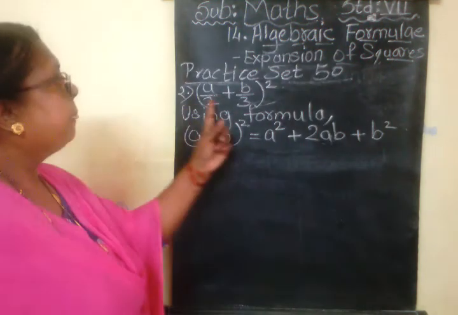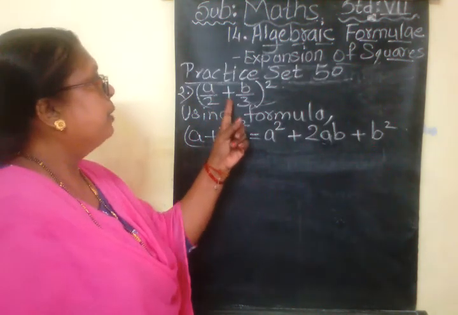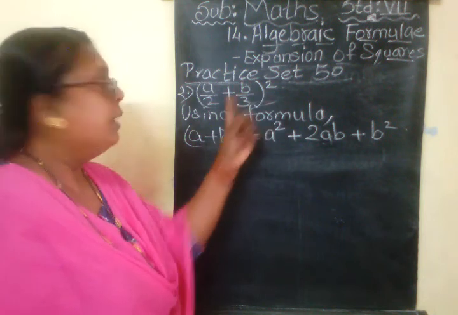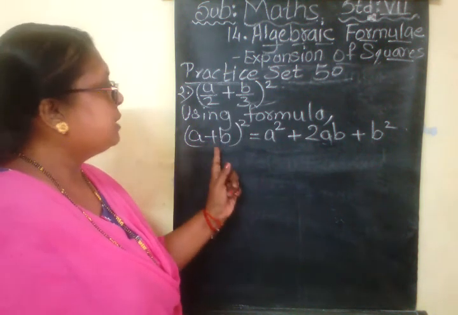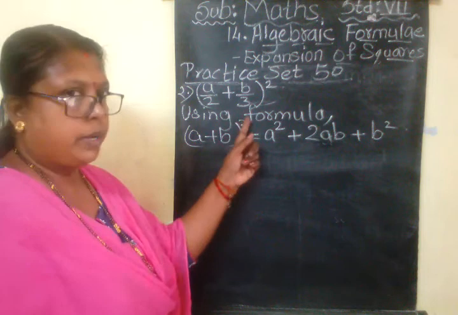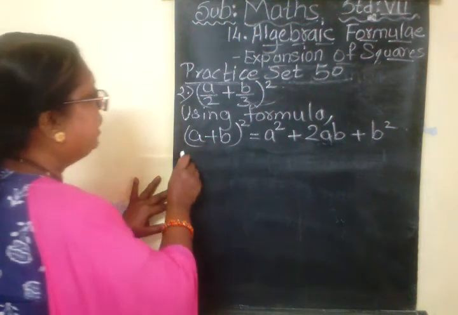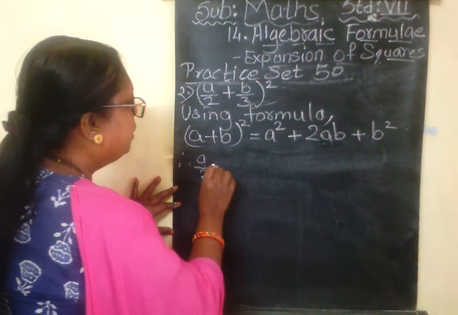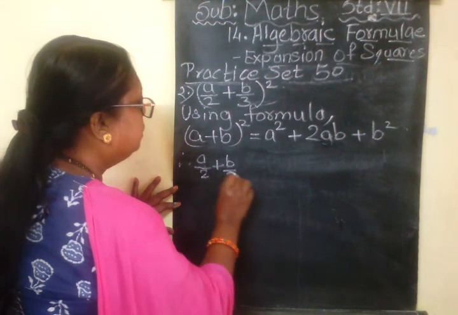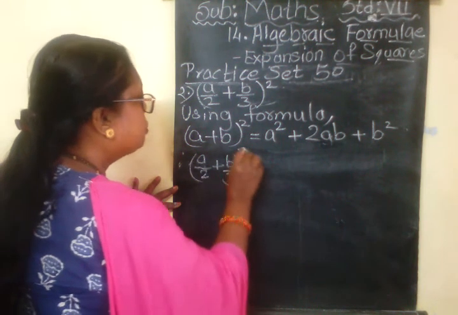See here, children, a upon 2 plus b upon 3 the whole square. Again the plus sign is there in between. So which formula? The same formula, a plus b the whole square. Now here instead of a and b we are having a upon 2 and b upon 3.